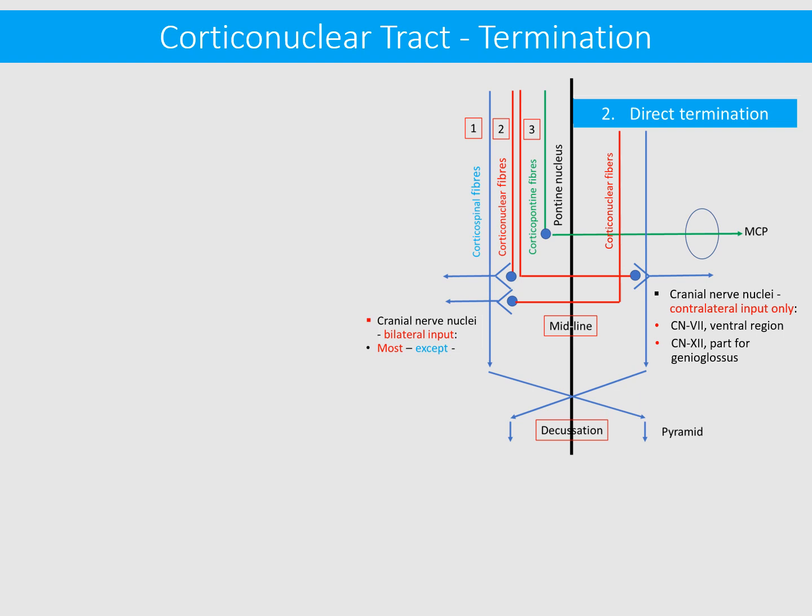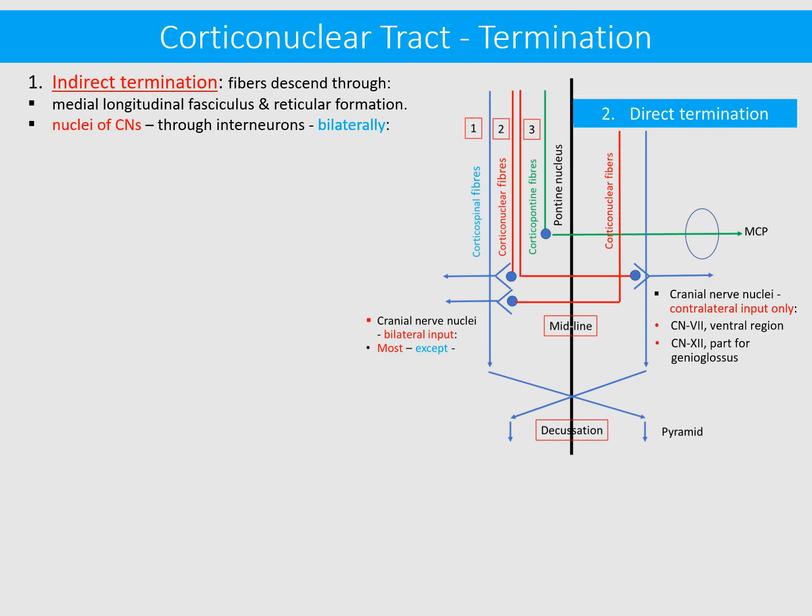Now let us enlarge upon the termination of the corticonuclear tracts. The termination mode is divided into two: the indirect mode of termination and the direct mode of termination. In indirect mode of termination, fibers descend through the medial longitudinal fasciculus and reticular formation and reach the nuclei of cranial nerves through interneurons bilaterally.